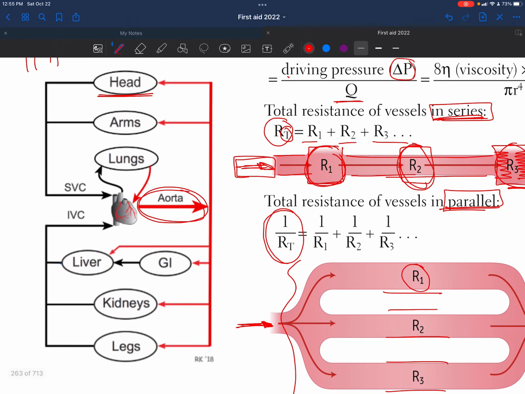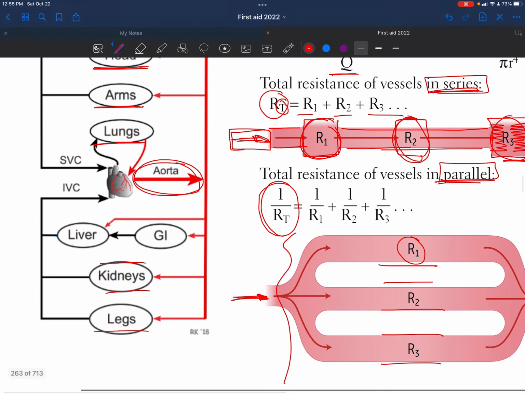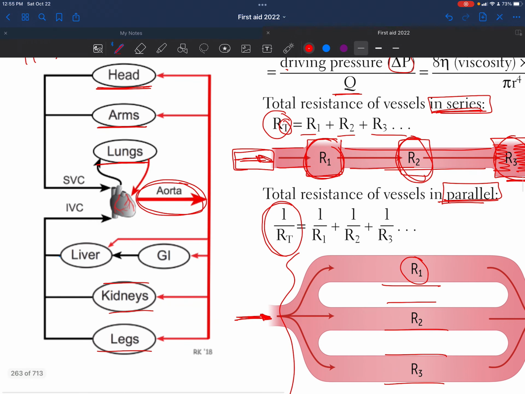The aorta goes to all of these at once, and the resistance of the capillaries in the head is in parallel to the capillaries in the arms, which is also in parallel to the lungs and everything else over here. So that's why the resistances between organs or parts of the body are in parallel.